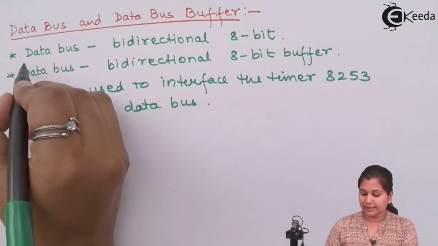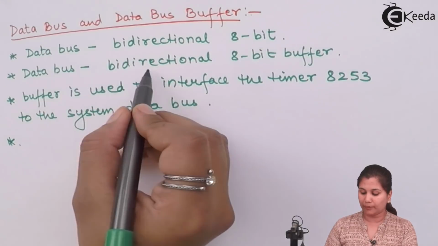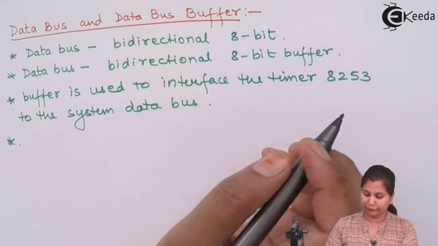The data bus is the bidirectional 8-bit data bus and the buffer is also a bidirectional 8-bit buffer.